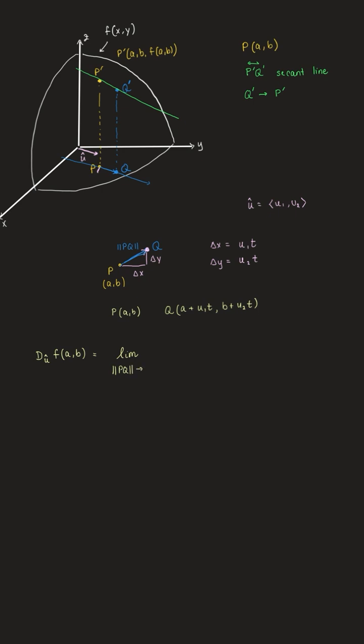We want to let that get really tiny so that Q can approach P along that line, and that will make Q prime approach P prime on our surface.